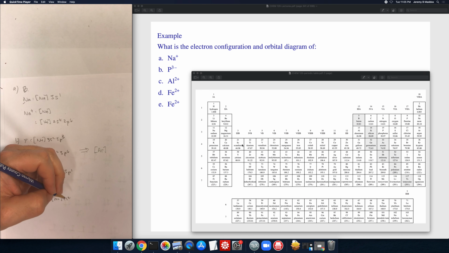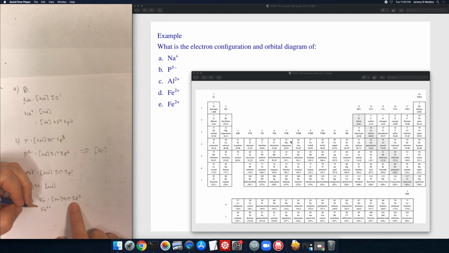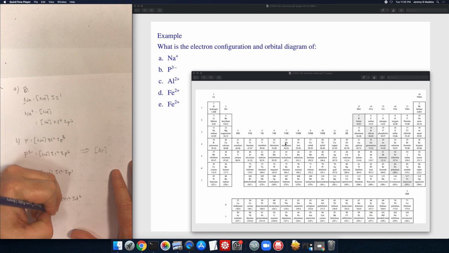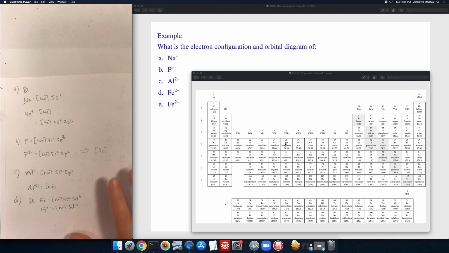When you form iron 2+, it loses the s electrons first. So the transition metals typically lose their s electrons first. It's going to be a 3d6 configuration.